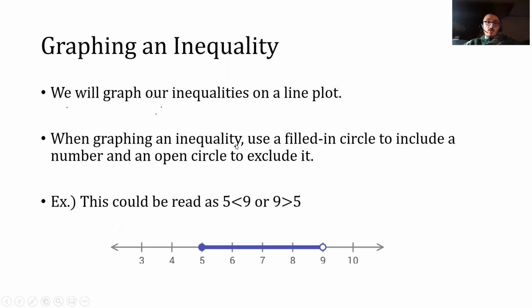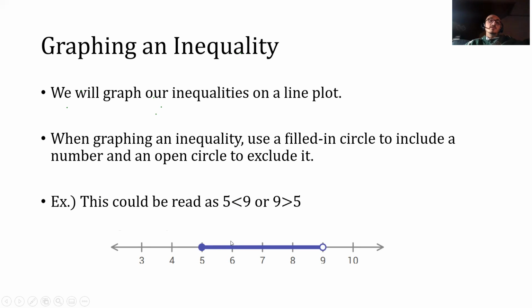If I want to exclude a number, which is the greater than or less than symbol, which can be seen right down below, the 5 is less than 9 or 9 is less than 5. So open circles will exclude a number. It's going to indicate just a regular greater than or less than symbol. So right down below, you will see that I have 5 is less than 9 and I have 9 is less than 5.